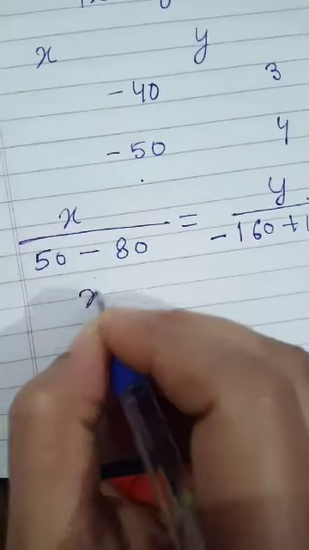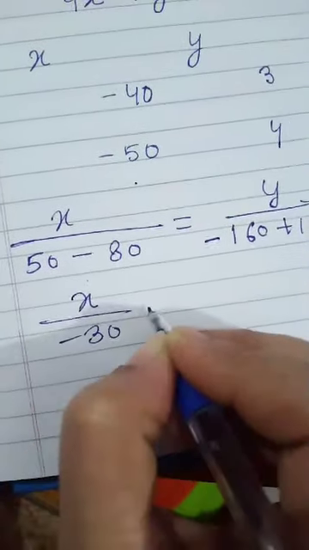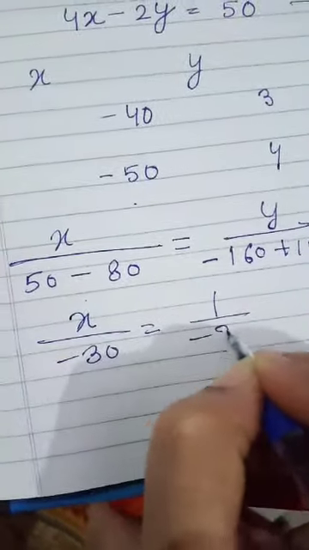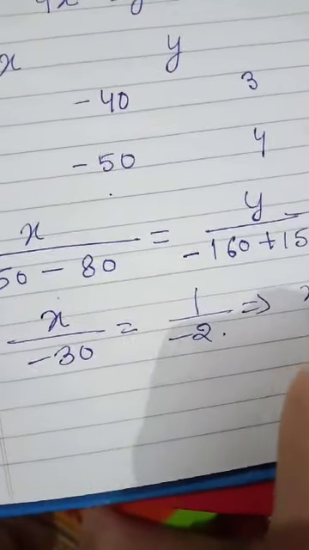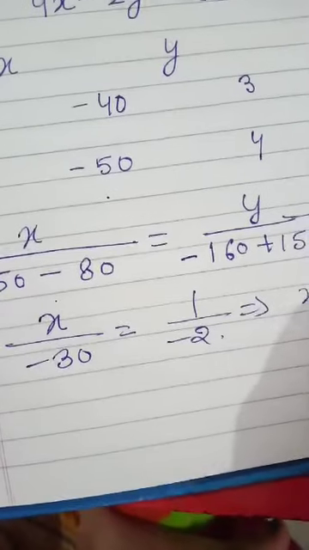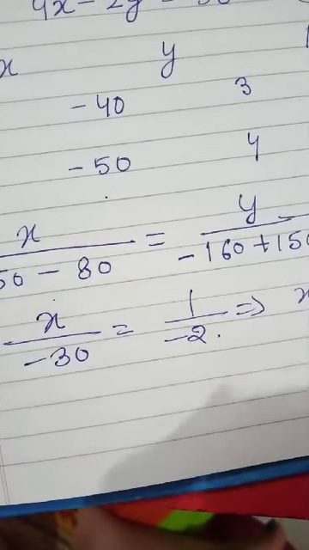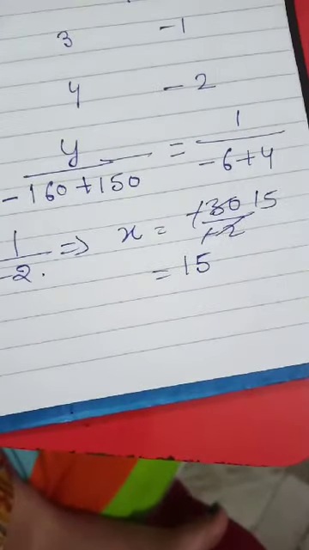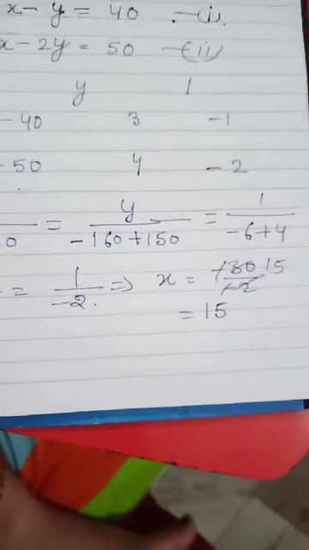राइट, सो फर्स्ट और थर्ड से हम निकालेंगे x upon -30 is equal to 1 upon -2. This implies x is equal to -30 upon -2. So this is 15. So he or she attempted 15 questions which were correct.